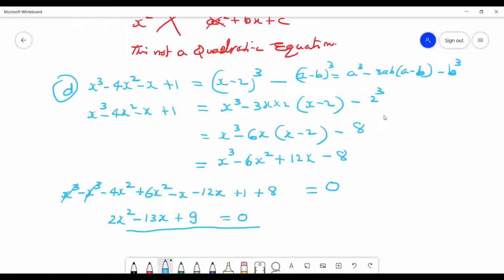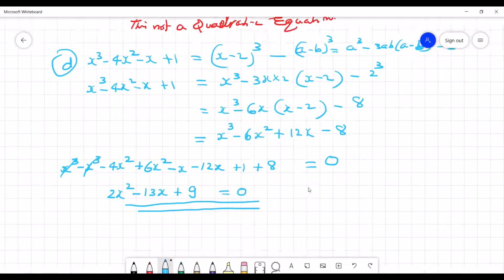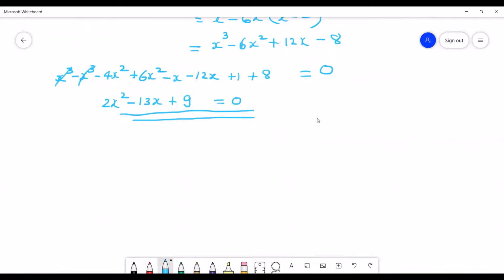So this is the equation that we have got in our question number D. And this is also of the form ax square plus bx plus c equal to 0. So this is a quadratic equation. This is also a quadratic equation.